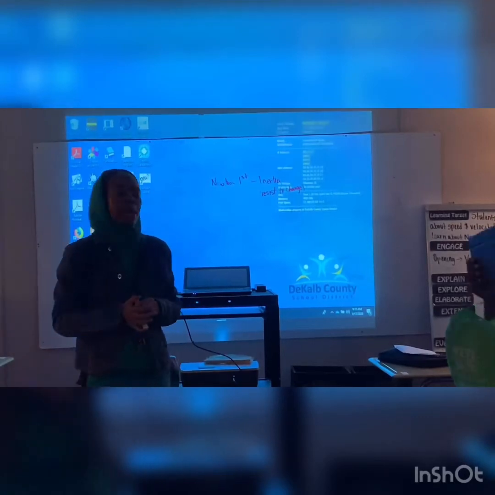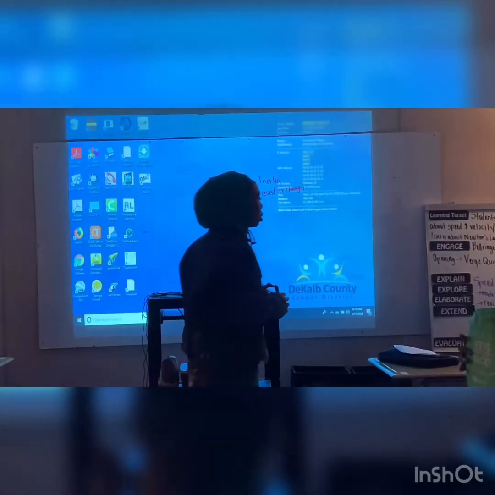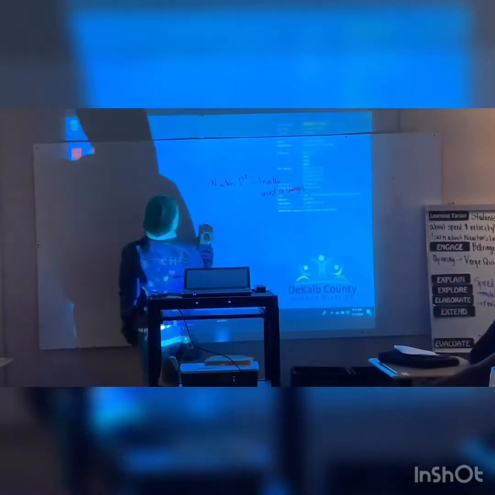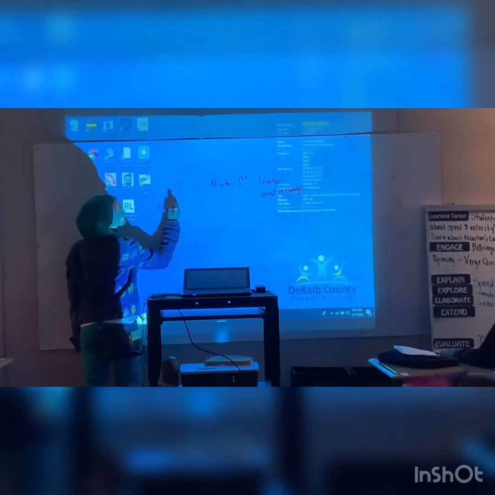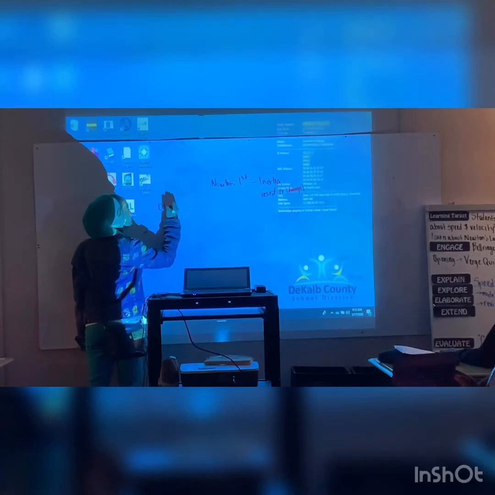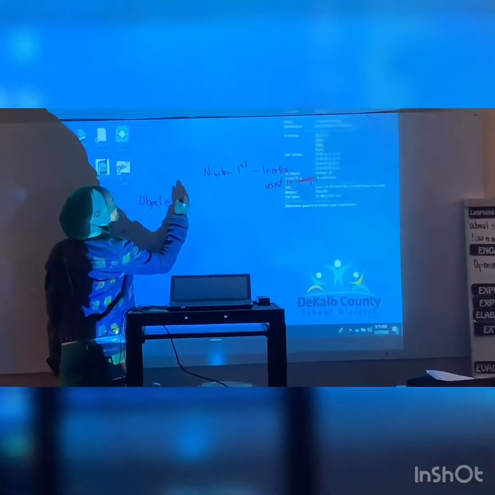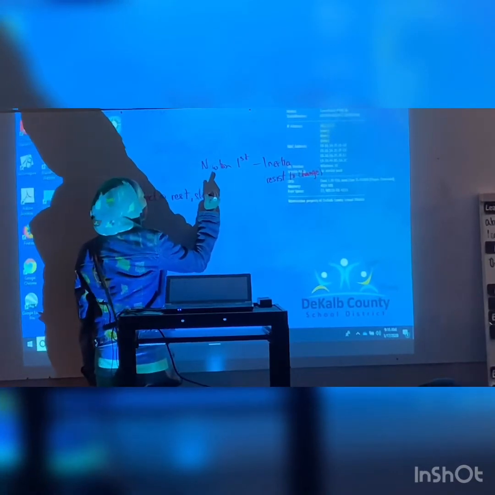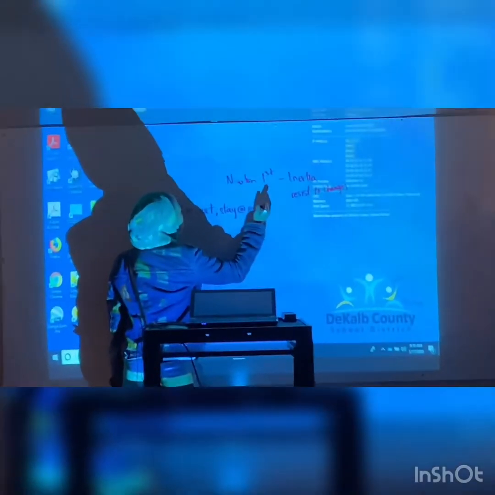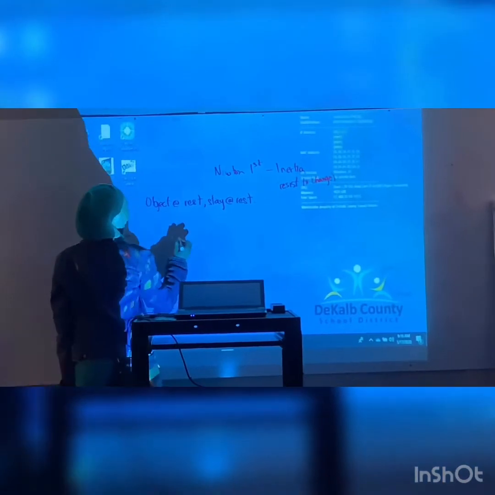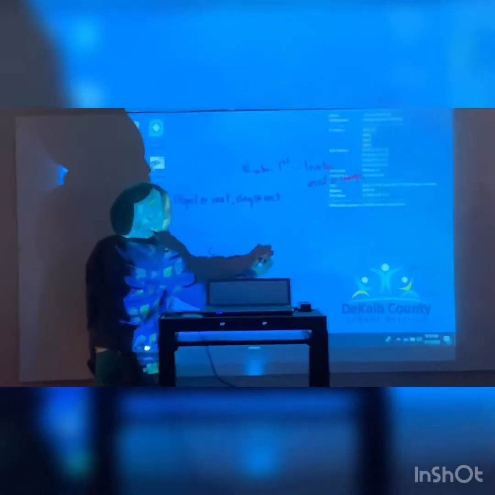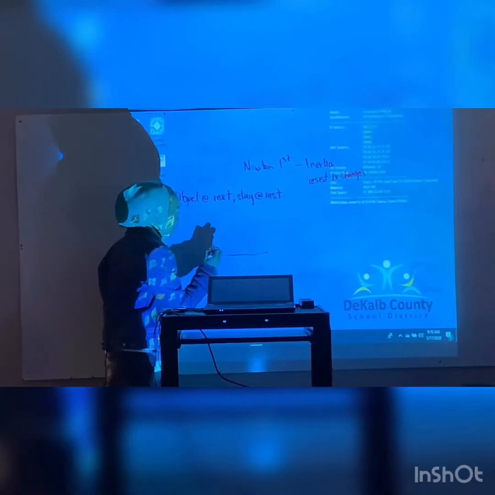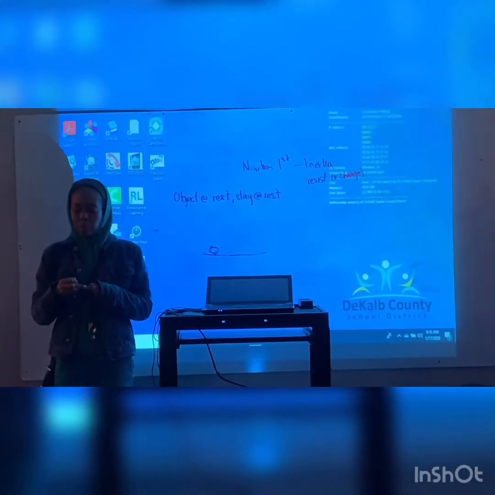Resistant to change, that means I don't want to change. And Newton's first law says that an object at rest is going to stay at rest. Alright, so if I had a rock and it's not moving, this is a rock, right? What's going to happen to the rock?